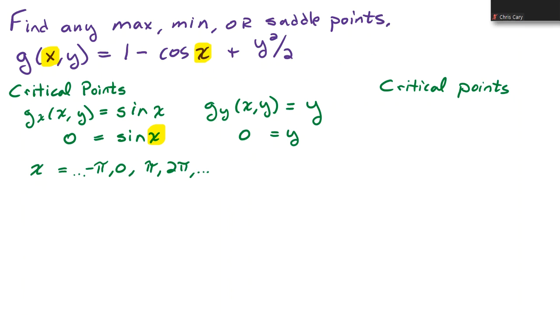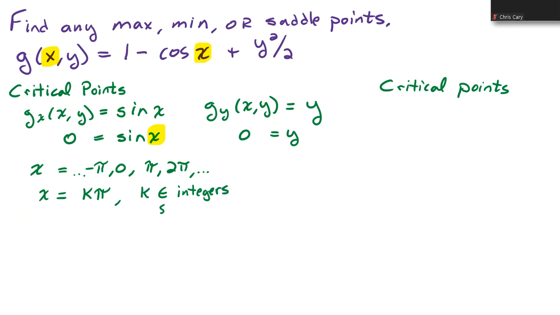So for our critical points, we could think about a nicer way to write this, as multiples of pi. We could say x could be k pi, where k is an element of the integers.